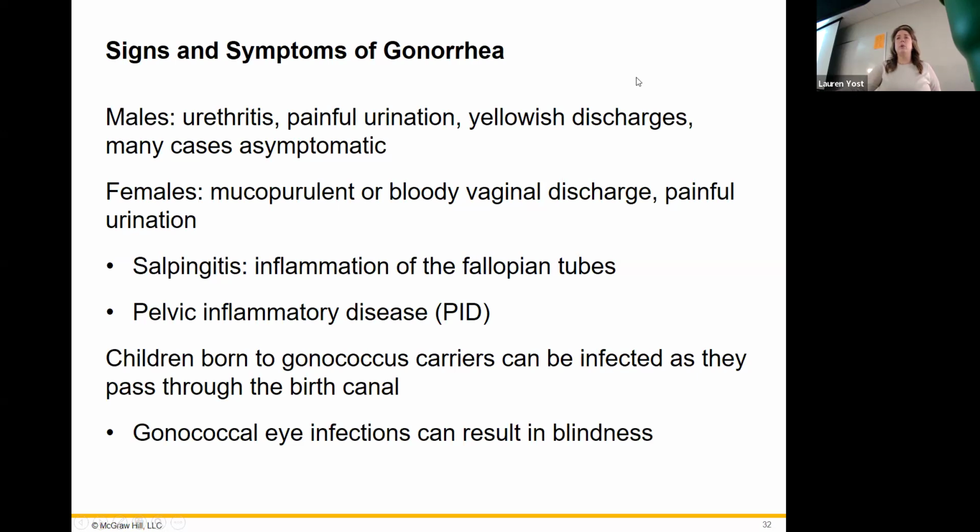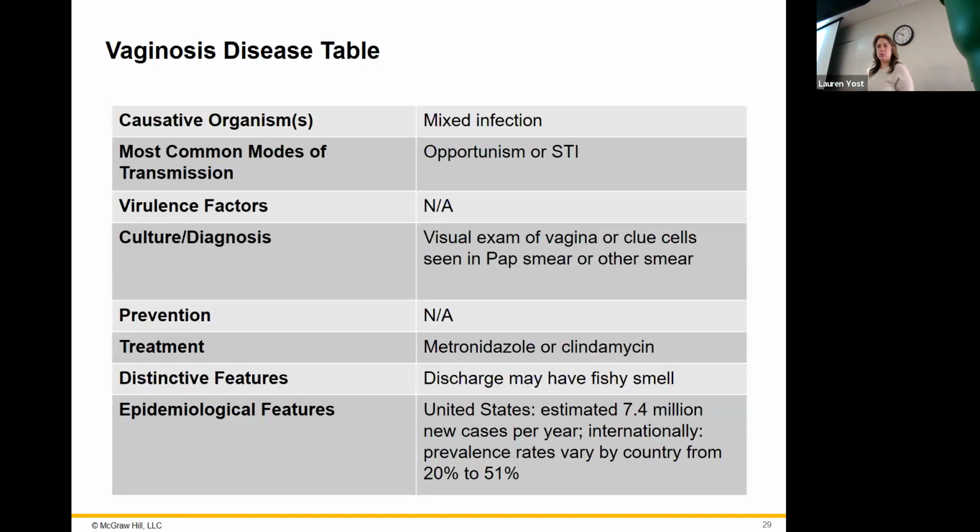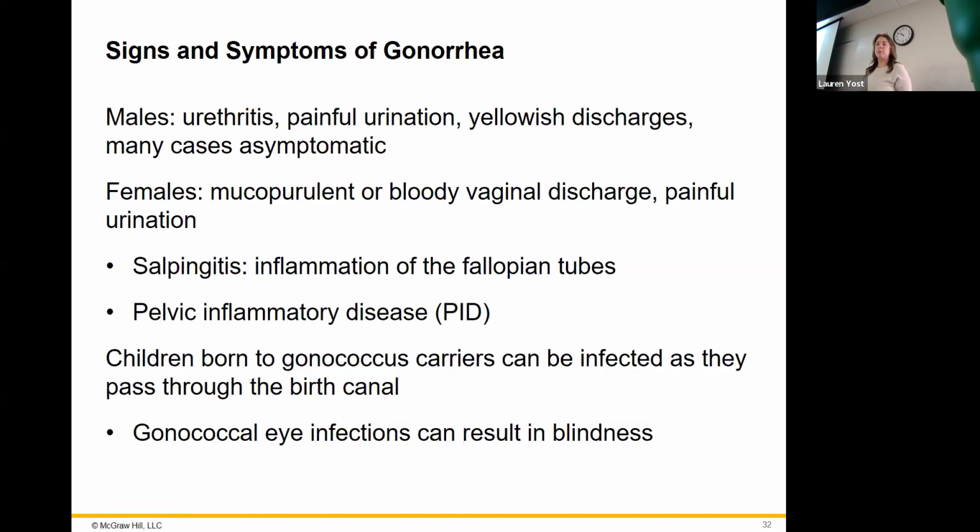So we talked about gonorrhea already, but I do want to just mention briefly that it's going to include salpingitis, which is that inflammation of the fallopian tube, which means that you are going to be prone to ectopic pregnancy if you do have this. And then pelvic inflammatory disease, just like we were talking about with that vaginosis, correct? Yes, it was. Okay. So now you can see this becoming a trend.